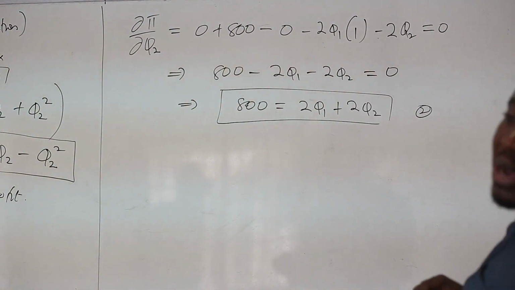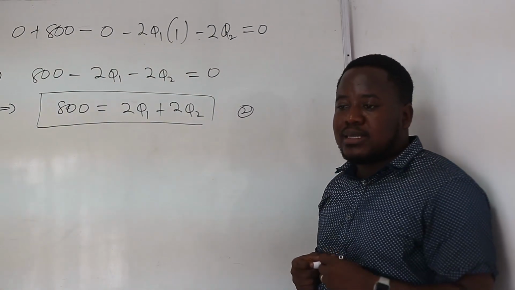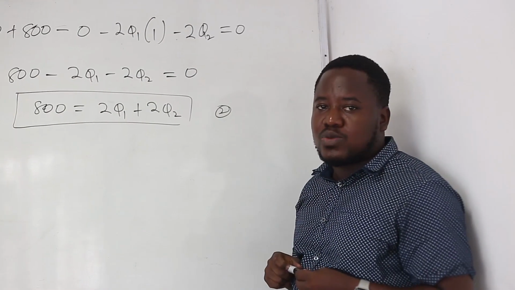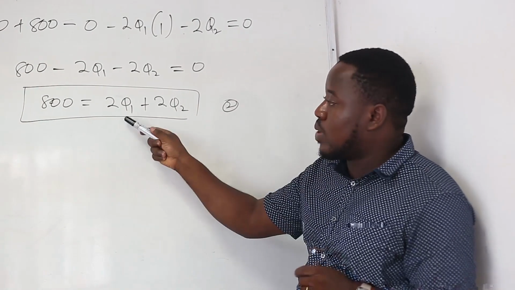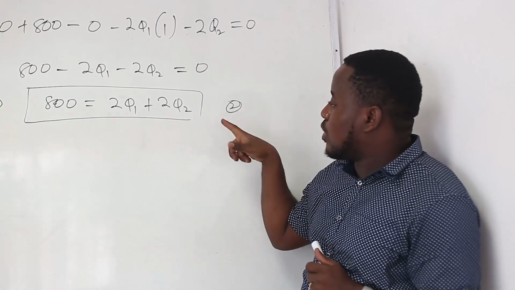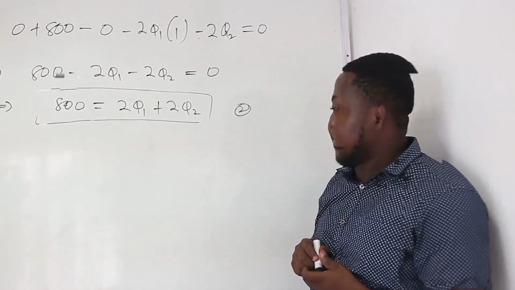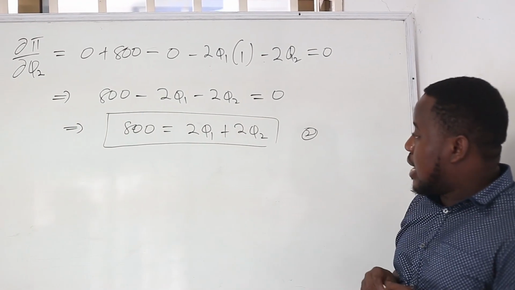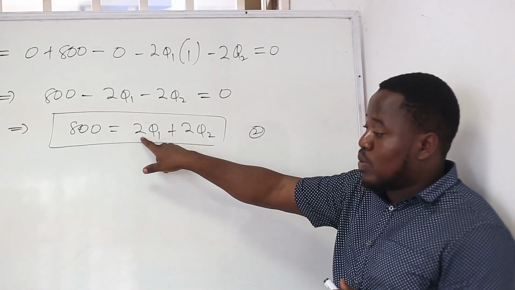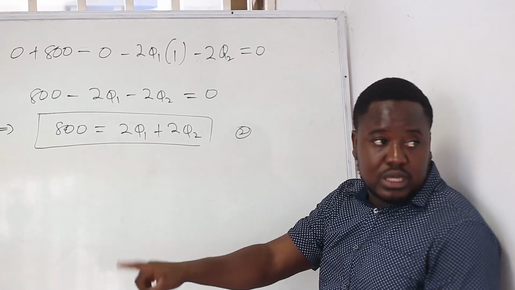This Q1 and Q2 that we'll find, we wouldn't know whether they are maximum points or minimum points unless we apply the second order derivative. So you have to first find Q1 and Q2 by solving equation 1 and equation 2 simultaneously. So I'll do that by substitution. The first thing I'll do is make either Q1 or Q2 the subject here and substitute it into equation 2 to get that.